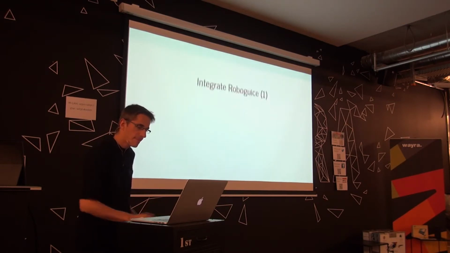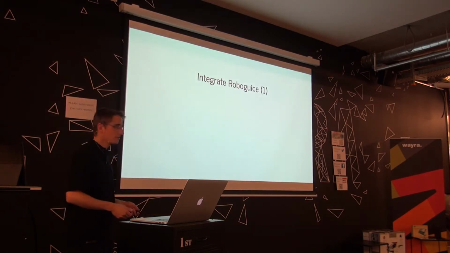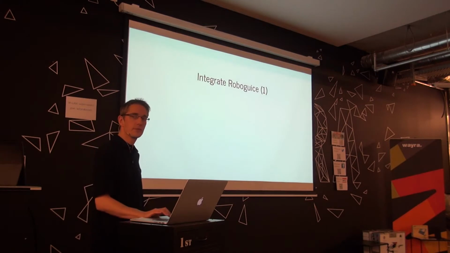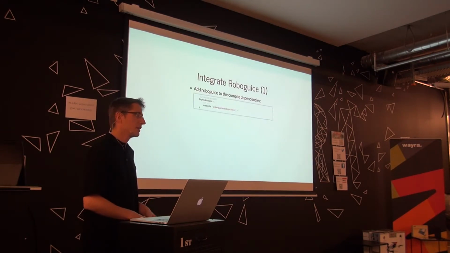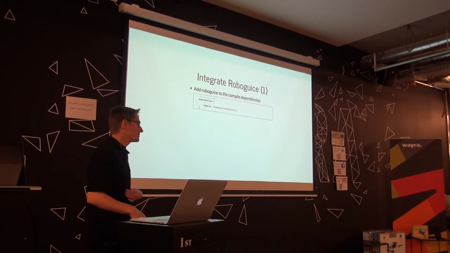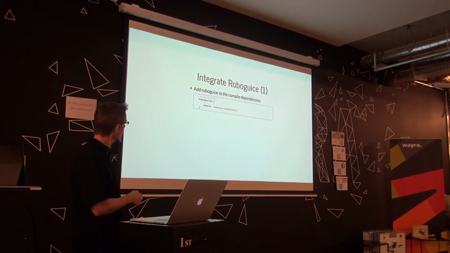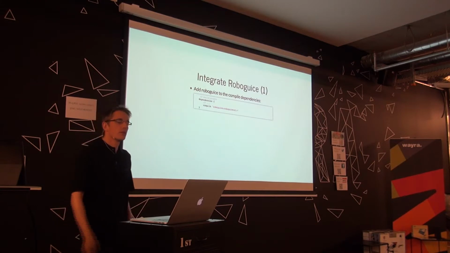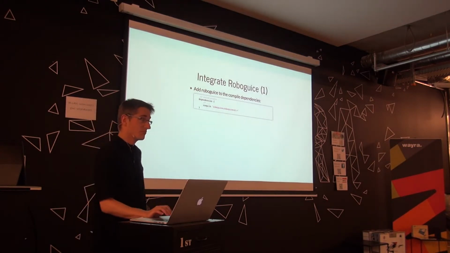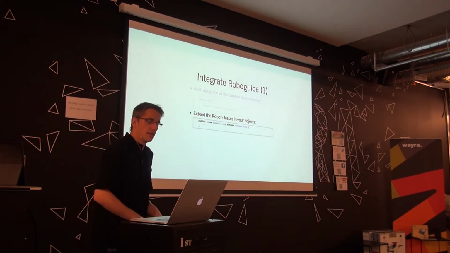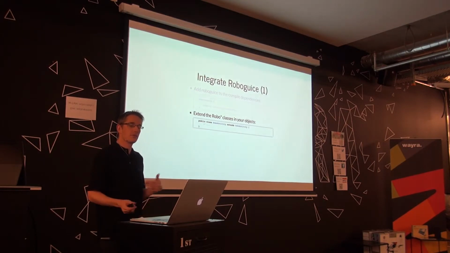And that's it. So to sum it up, what do you have to do to integrate RoboJuice? First of all, you have to put it in the dependencies. In the dependency section that we saw before, we can just put in a compile dependency for RoboJuice 2. Then you just have to extend the robo classes instead of the normal classes.